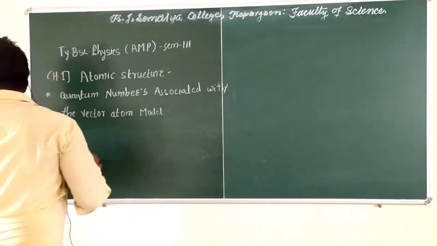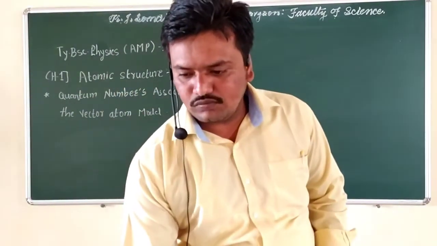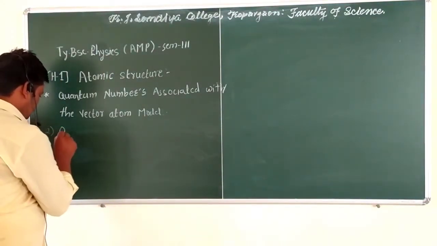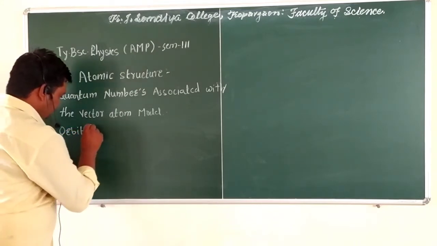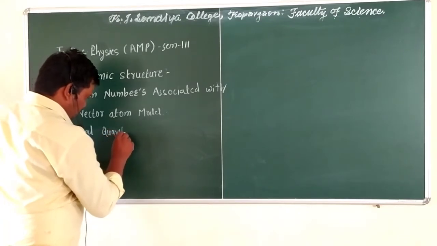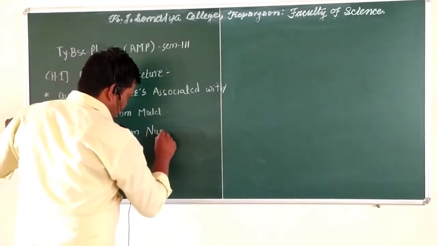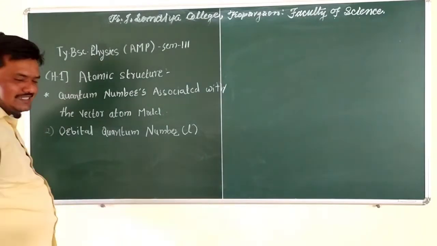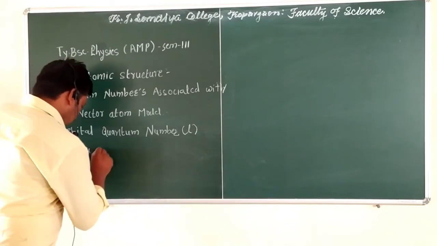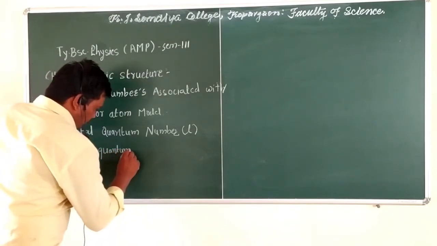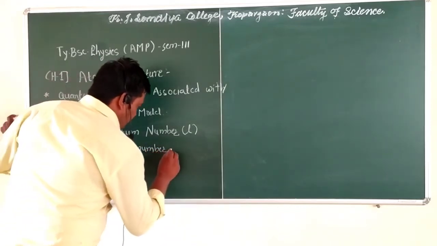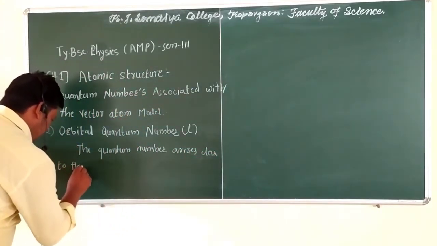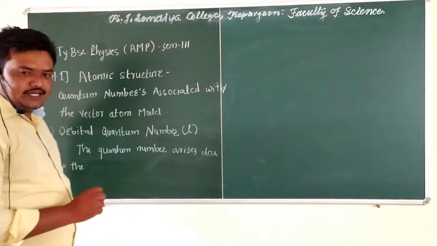See here, the orbital quantum number, and this quantum number arises due to the orbital motion of an electron.